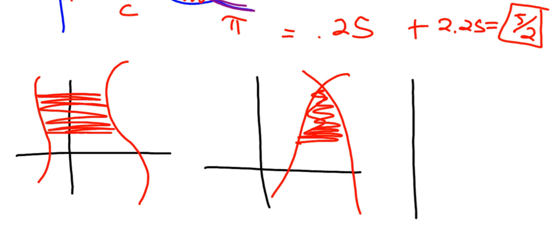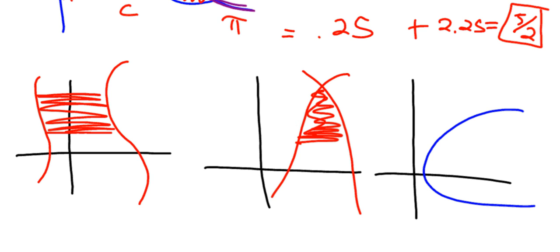Or what if I have a function that was something like a sideways parabola, but then I had something else, maybe some kind of cubic function, and I want this area. How do I find these areas? Well, if I can't do vertical rectangles, I'm going to try to evaluate these with my rectangles in a horizontal fashion.